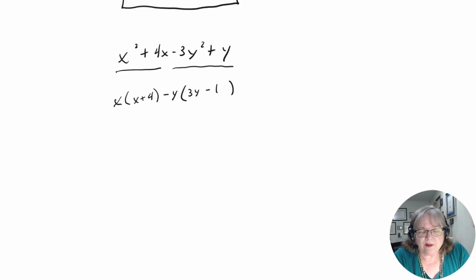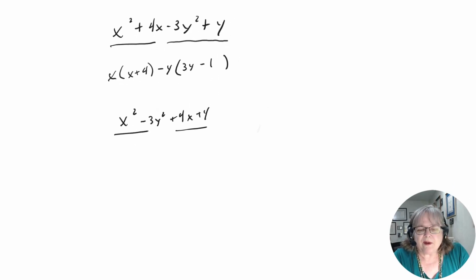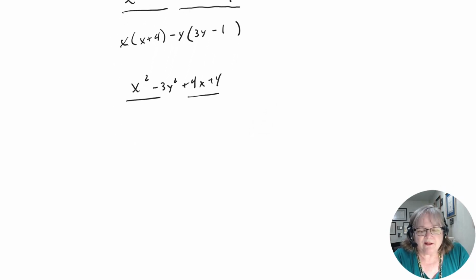So you could try to rearrange things and go x squared. Maybe if we put the 3y squared here and the 4x and the y, there's not even anything in common at all. All right. So after you play around with this one and investigate it for a while, it turns out this one does not factor.